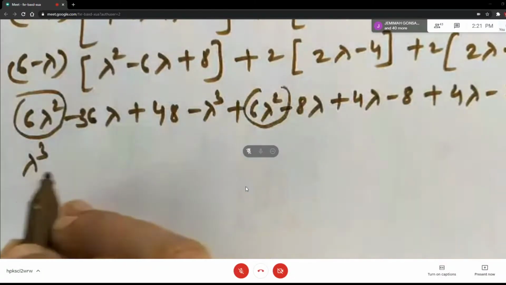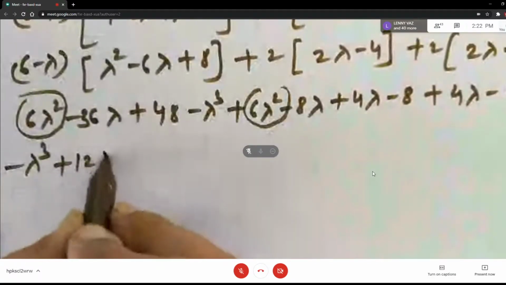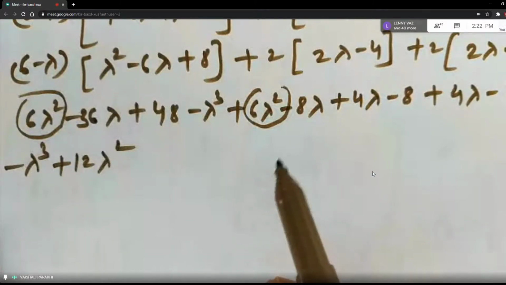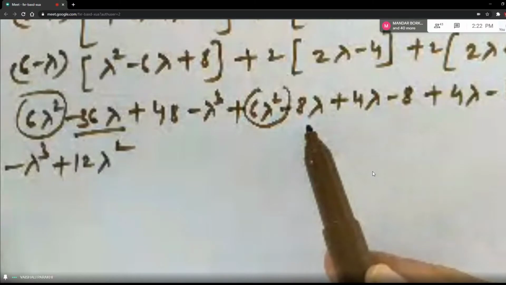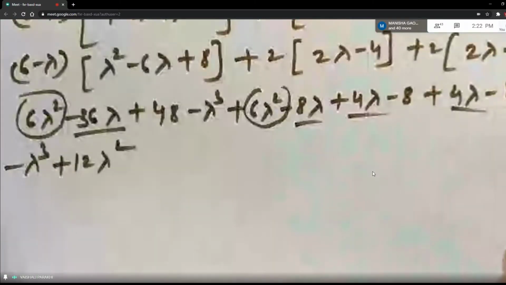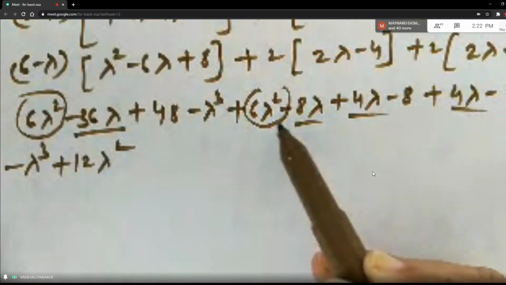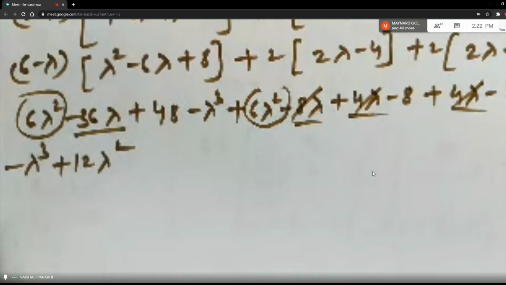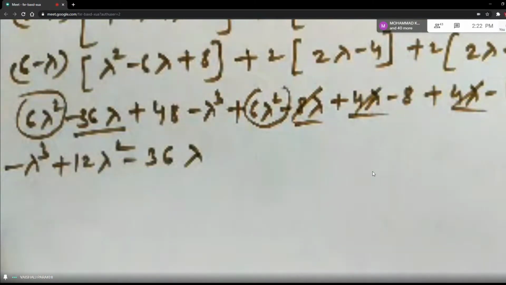So this is minus lambda cube and this is plus 12 lambda square. Okay? Then how many terms are there in lambda? See, this is minus 36 lambda, 8 lambda, 4 lambda, 4 lambda, right? So 4 lambda plus 4 lambda is 8 lambda, no? And this is minus 8 lambda. So can't I cancel this plus minus? And what is remaining is only minus 36 lambda.